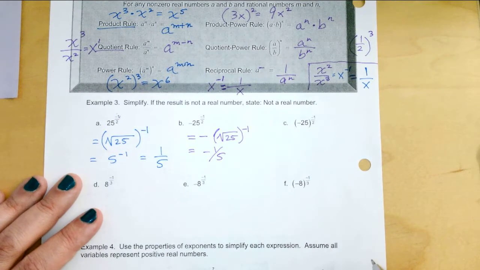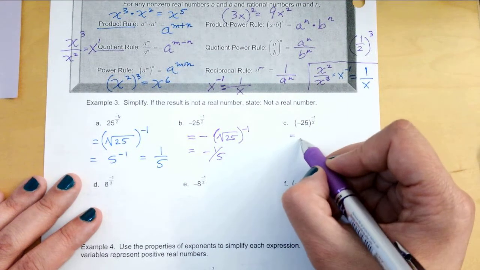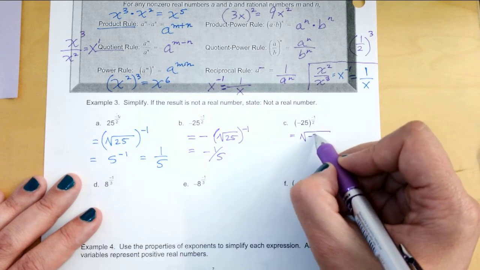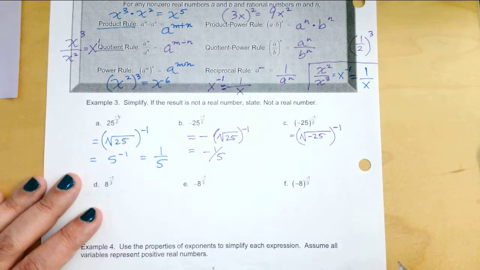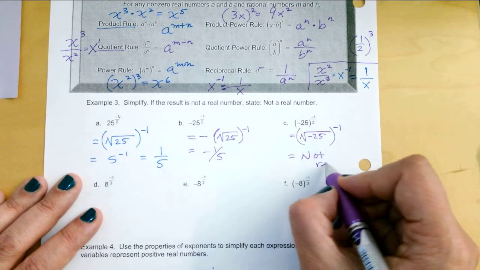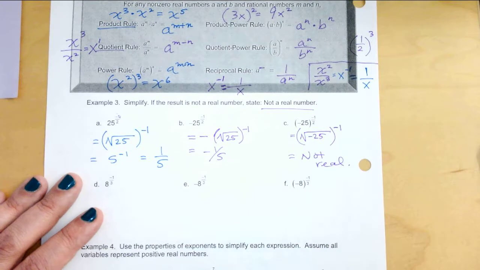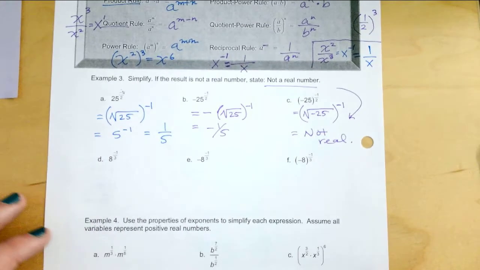And then what about this one? This negative is inside. So here we would have the square root of negative 25 to the negative 1 power. So what's the square root of negative 25? Not real. Can't really take the reciprocal of not real. So if it's not real, we'll say it's not real.